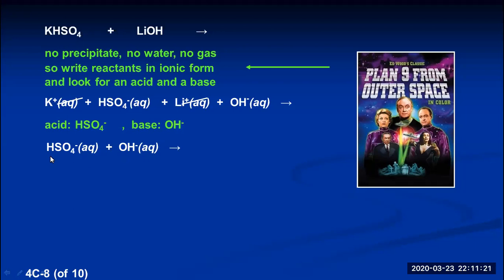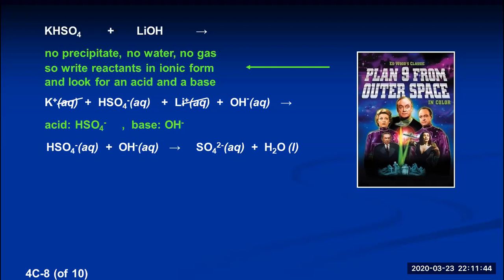So if you lose an H plus, you become SO4 2 minus. If hydroxide gains an H plus, it becomes H2O. So when you mix these two solutions together, the bisulfate ion and the hydroxide ion actually exchange a hydrogen ion between them, forming a sulfate ion and forming water. And that's the non-obvious reaction that occurs.